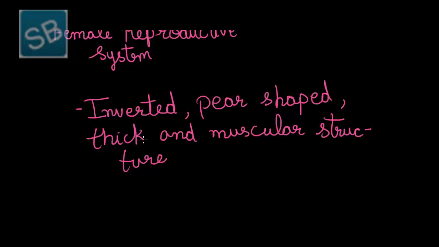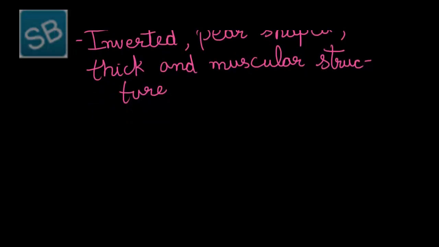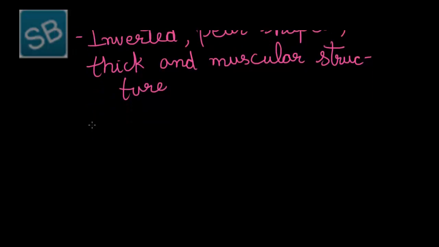Within this structure, menstruation, implantation of a fertilized ovum, and development of the embryo occur, which we'll study later. The wall of the uterus is made up of three layers.